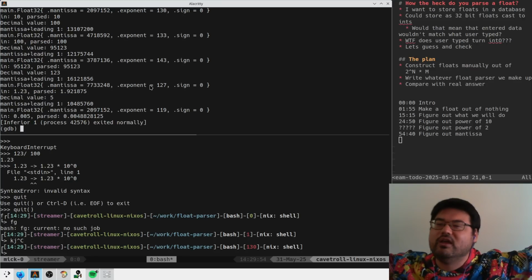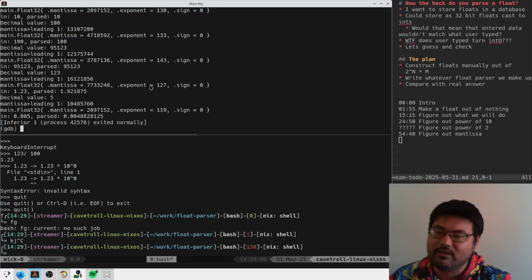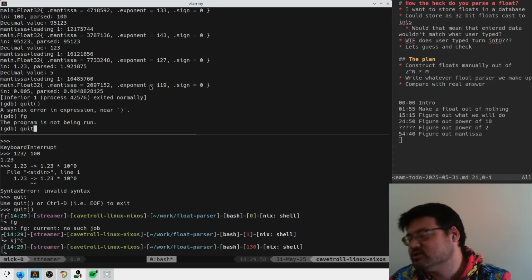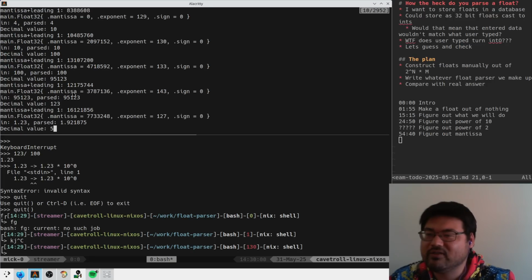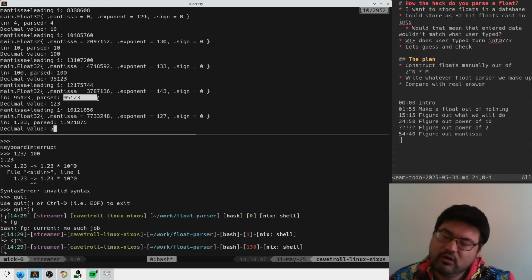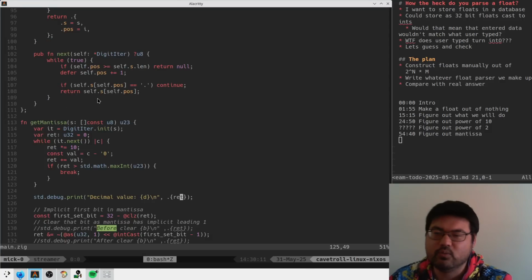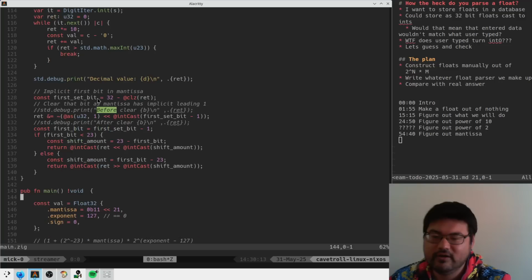Why does this work for big numbers but not small numbers? That's also confusing. The fact that this works for these maybe it's just because the exponent is small? Can we try a really big number? Does it work for a really big number?